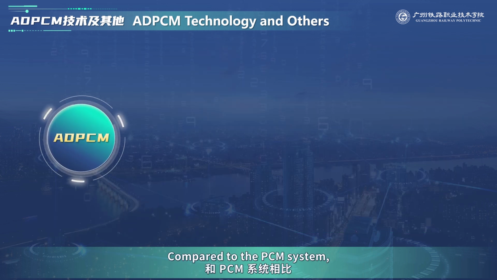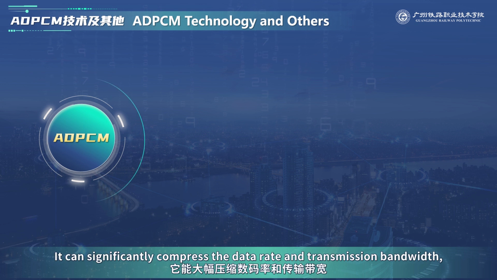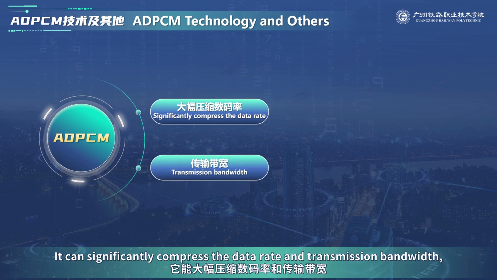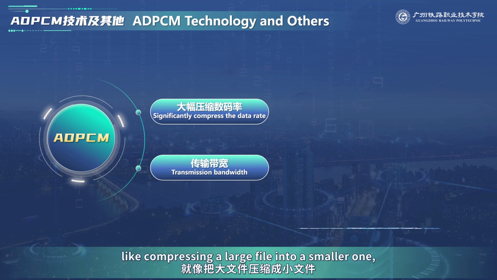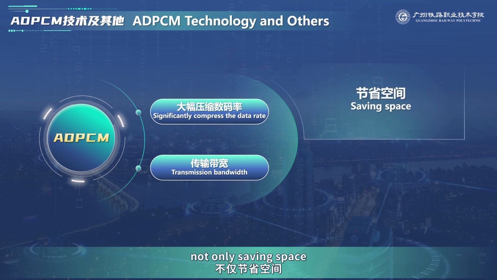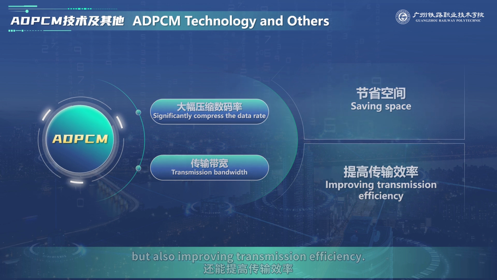Compared to the PCM system, ADPCM's advantages are particularly evident. It can significantly compress the data rate and transmission bandwidth, like compressing a large file into a smaller one, not only saving space but also improving transmission efficiency.